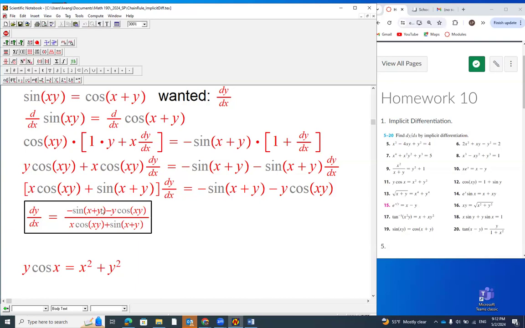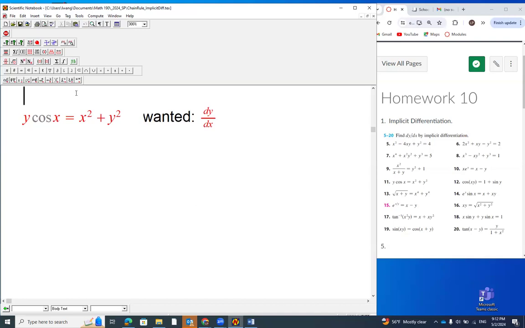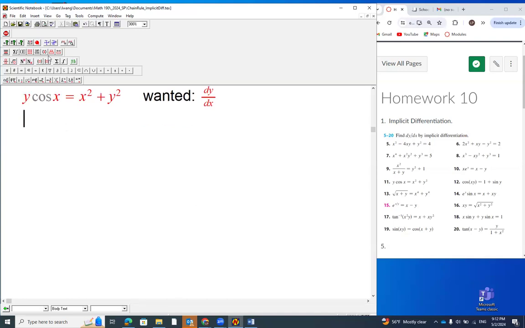And once again, we want dy/dx. Implicit differentiation.